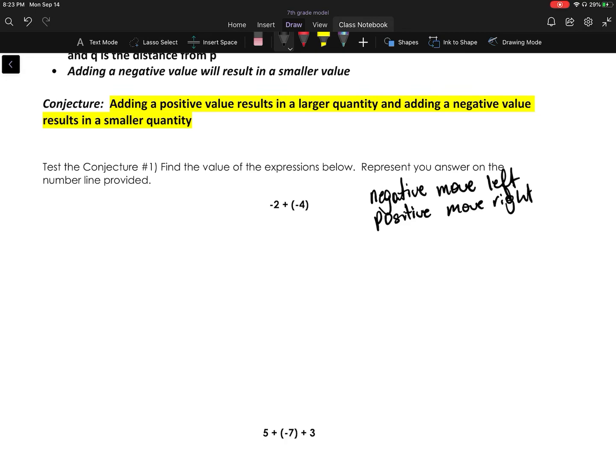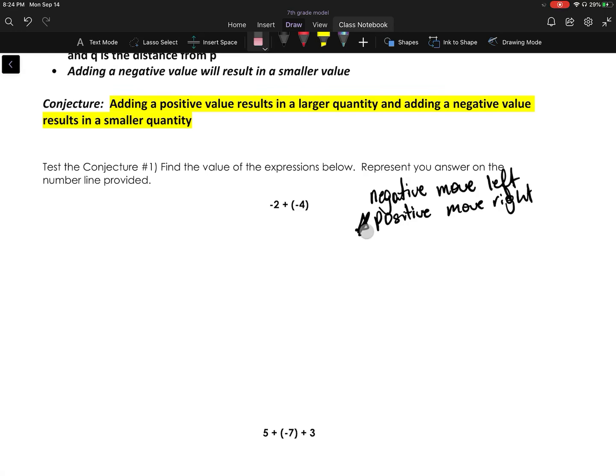Because when you're adding a negative value, if you're moving left, that's going to result in a smaller quantity, right? And if you're adding a positive, you move right, it's going to result in a larger quantity. So negative, move left, and this is a please note, and then positive, move right.